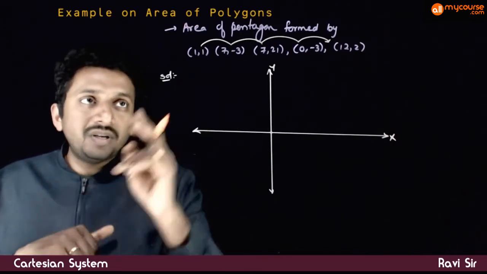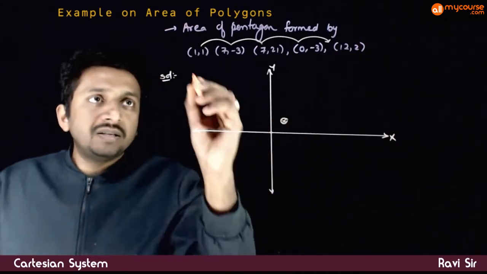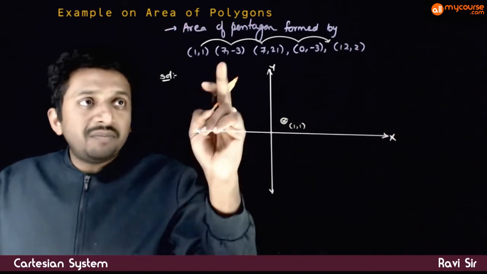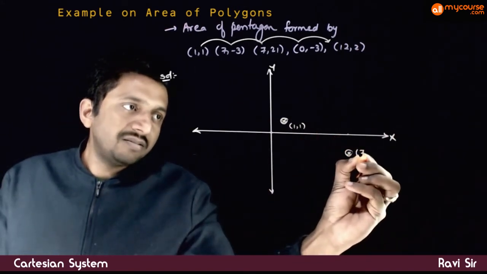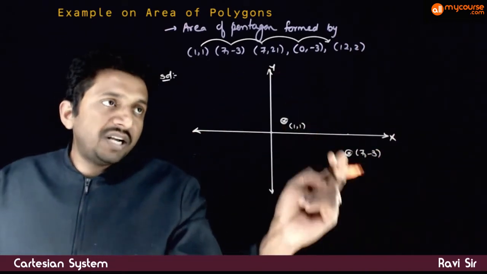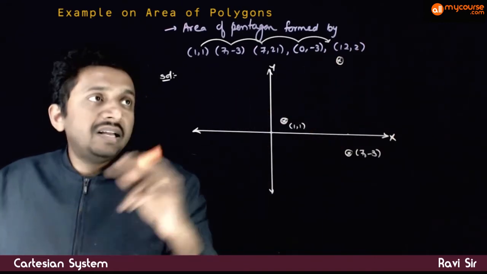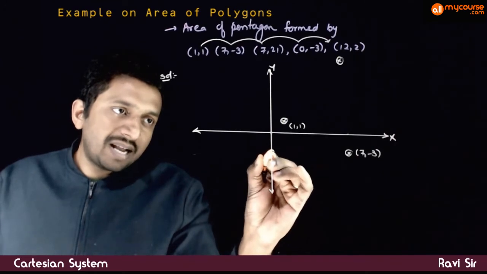So first what we do is, let us take 1, 1. So 1, 1 may lie somewhere here. So let us take this as 1, 1. 7, minus 3 might lie somewhere here. And 7, 21 may lie somewhere here. Next, 0, minus 3 might lie somewhere here.